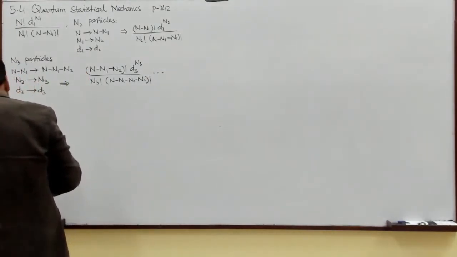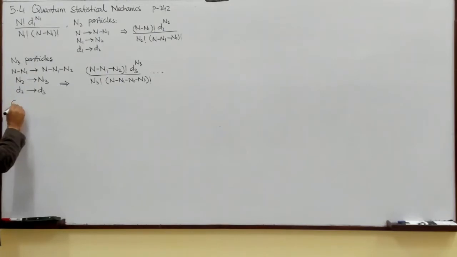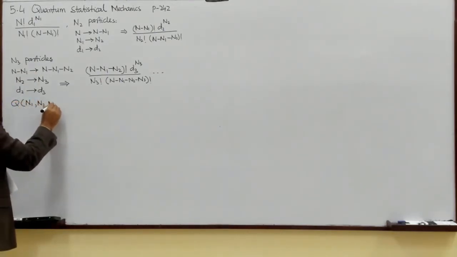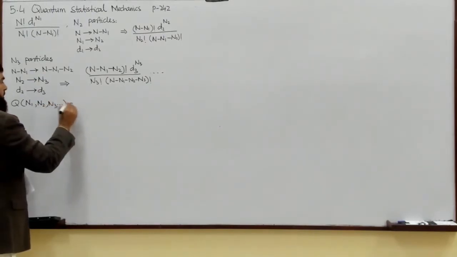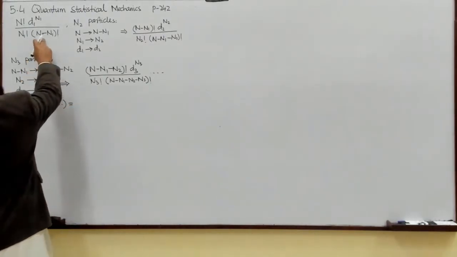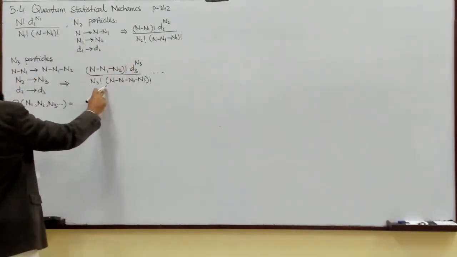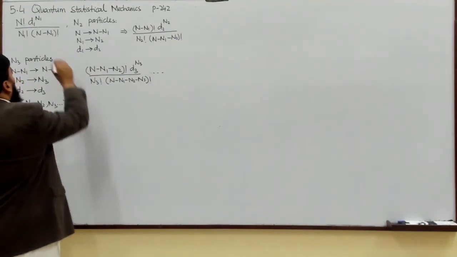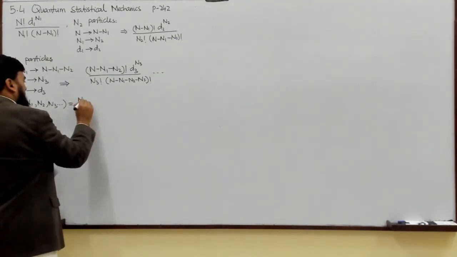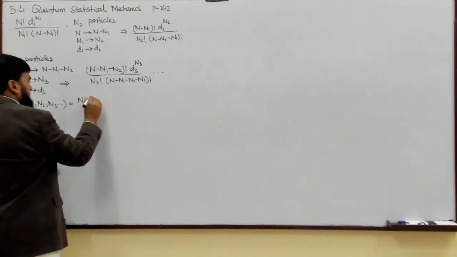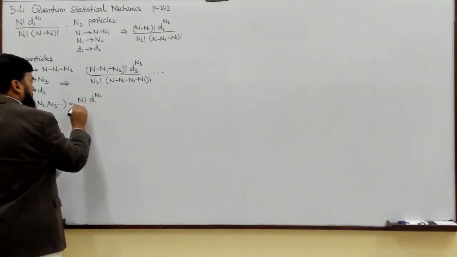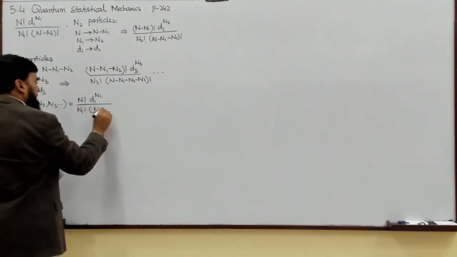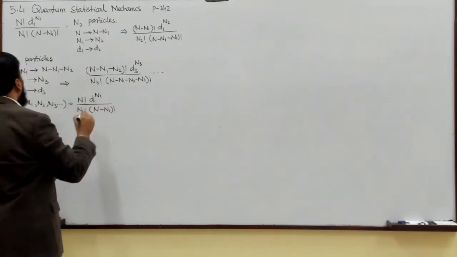So finally, in order to find the total number of ways, Q of n1, n2, n3, this will be equal. We will have to multiply this and with this, and it will be equal to the very first one, which is n factorial d1 to the power n1 over n1 factorial n minus n1 factorial.